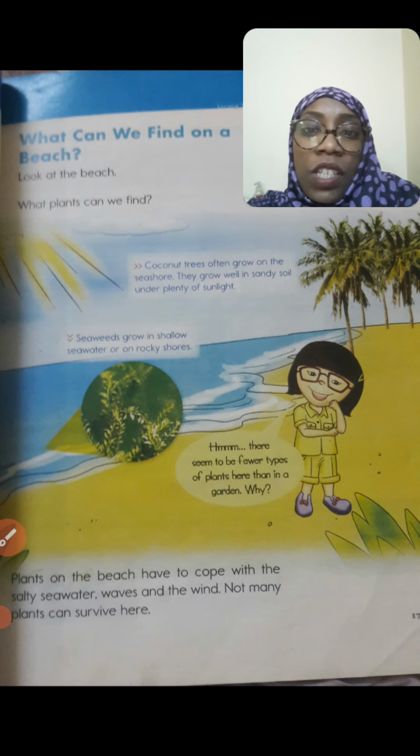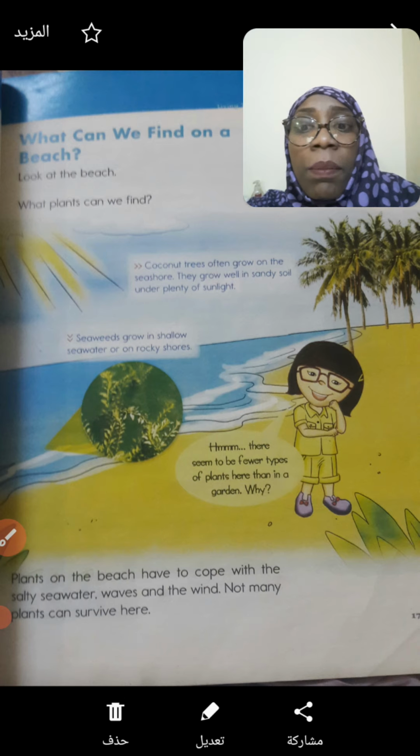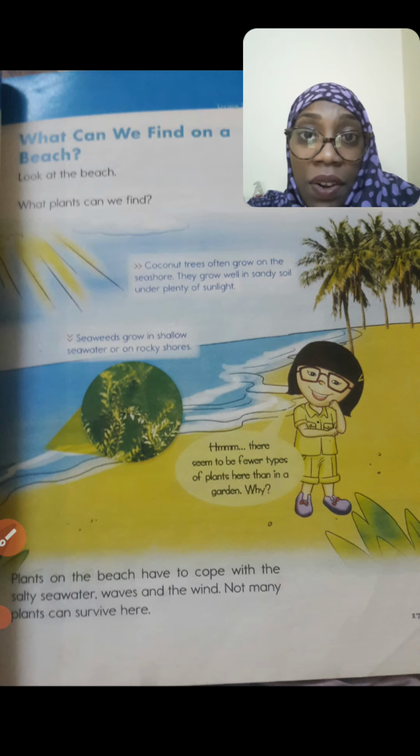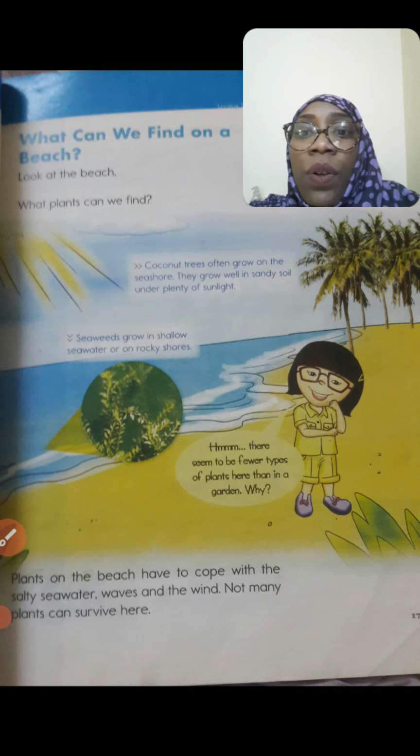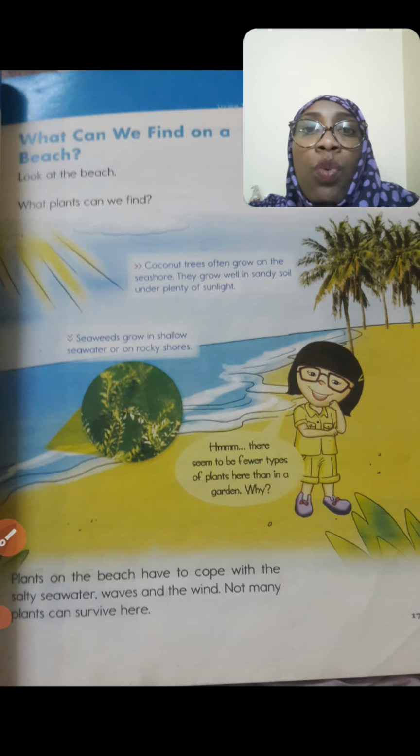Plants on the beach have to cope with the salty sea water, waves, and the wind. Not many plants can survive here. Let us read it again for you. Plants on the beach, I guess they mean coconut trees and seaweeds, have to cope.